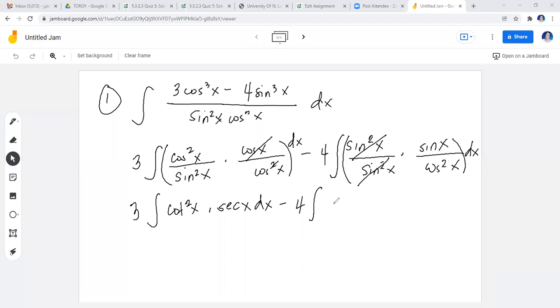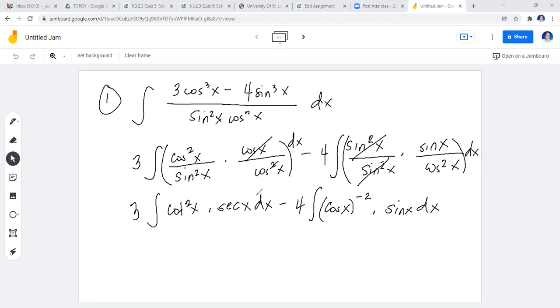So I'll write it as cosine x raised to negative 2 for this one. Negative because it's in the denominator, times the sine of x dx. Okay? Now, how will you process this one?